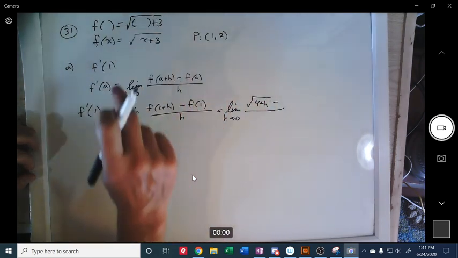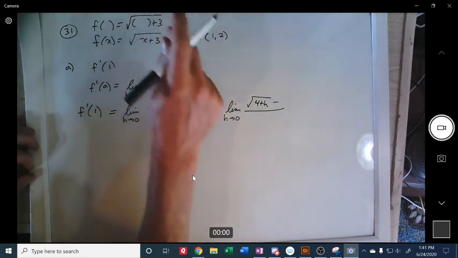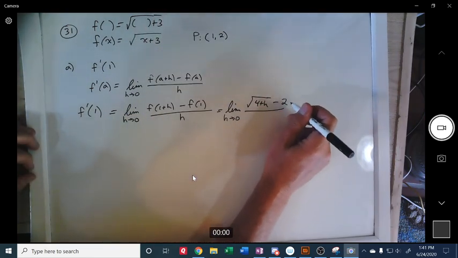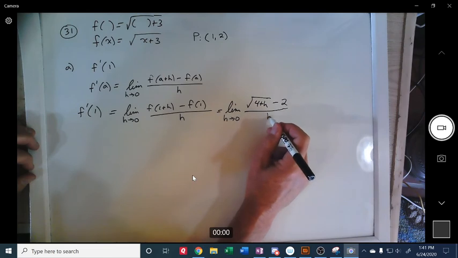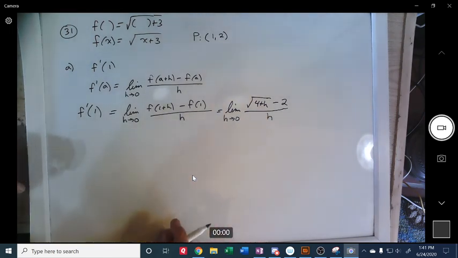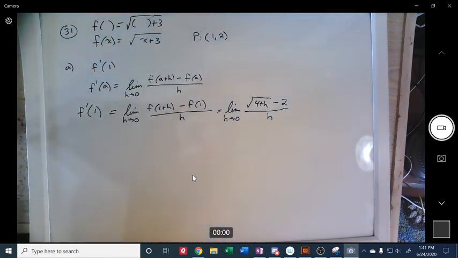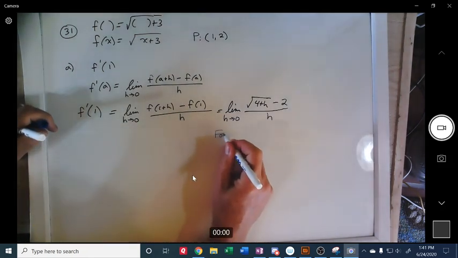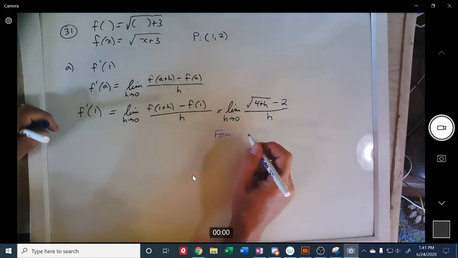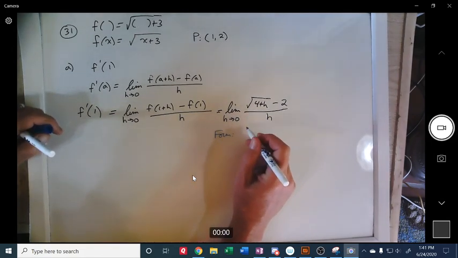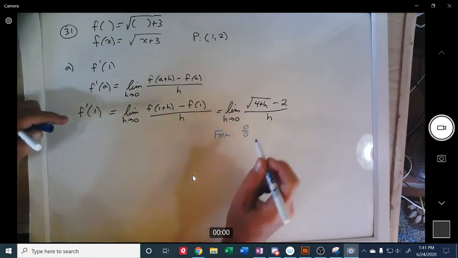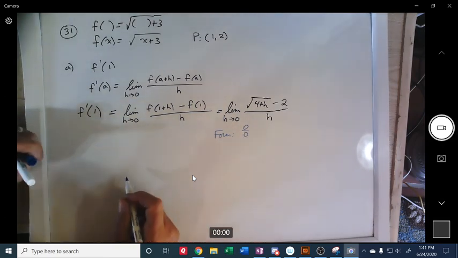minus, and when I put a 1 in there, I get 2, because I get square root of 4, which is 2, all over h. Alright. When I substitute 0 in, I get 0 over 0. It's the indeterminate form.